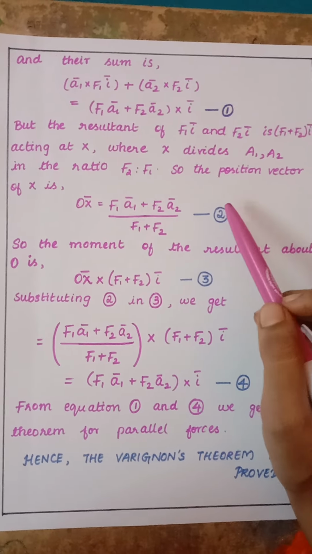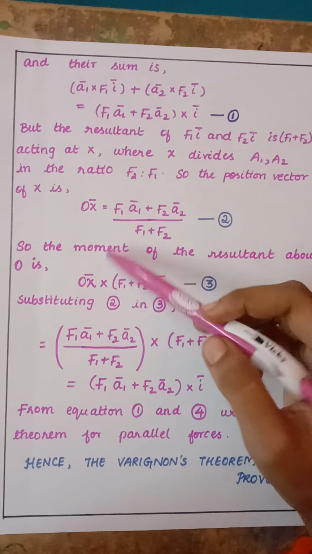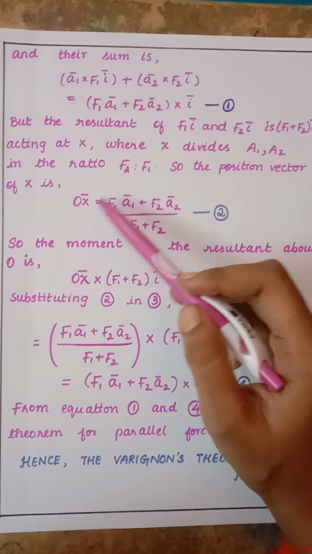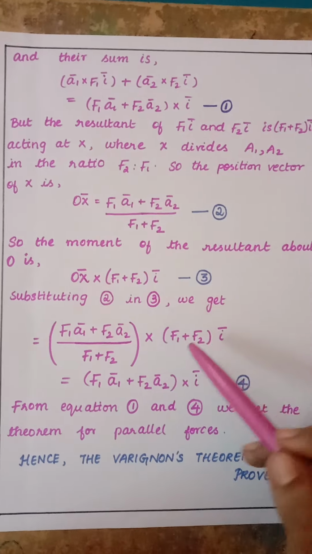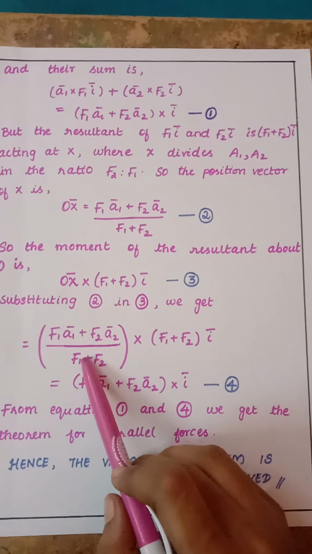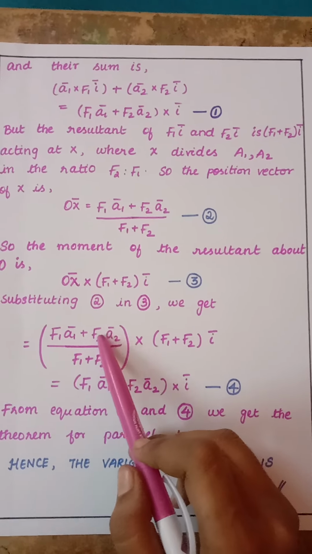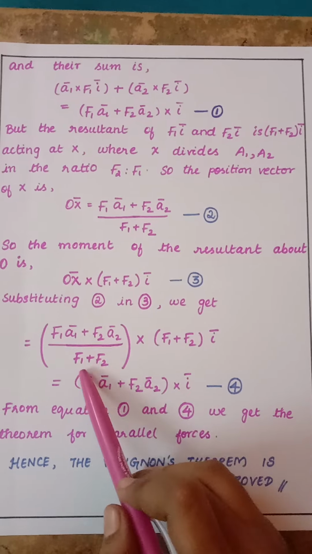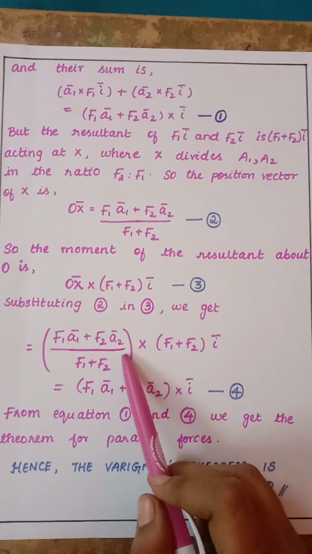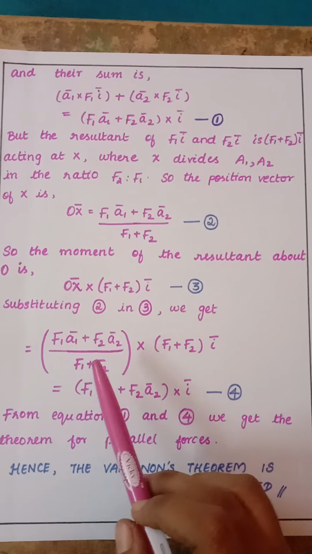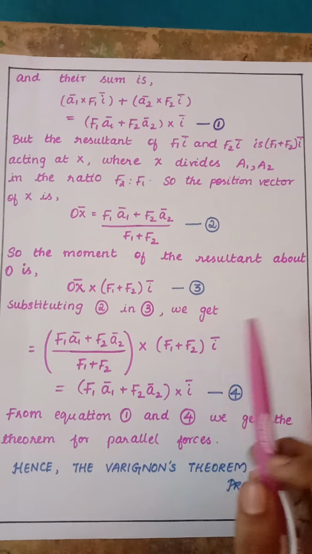Now substitute equation 2 in equation 3, that is, substitute the position vector of X in 3. We get (F1 small a1 vector plus F2 small a2 vector) divided by (F1 plus F2), cross (F1 plus F2) i vector. Cancel the (F1 plus F2) and (F1 plus F2).